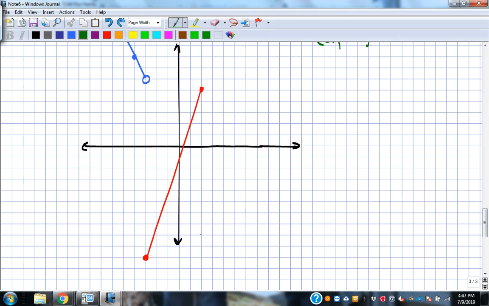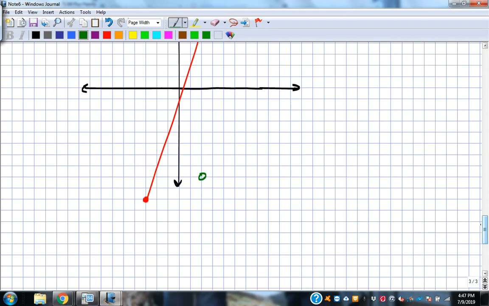And that should be an open circle because it doesn't have an equal to mark. And then what's going on past the 2? Oh, if I plug in a 3, it's going to be -12. Down 4, over 1. Down 4, over 1. So we get this picture.